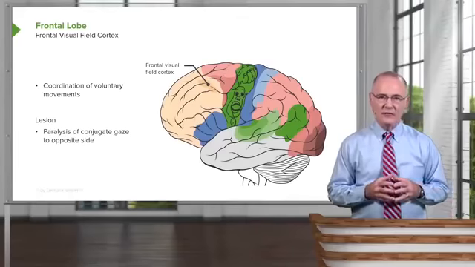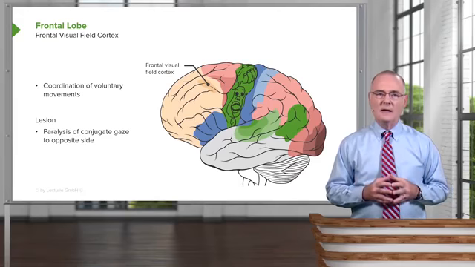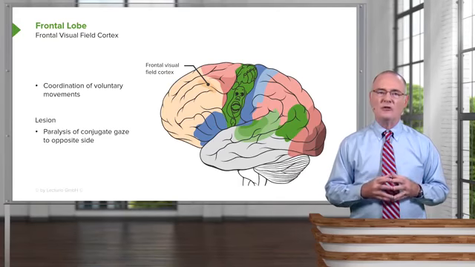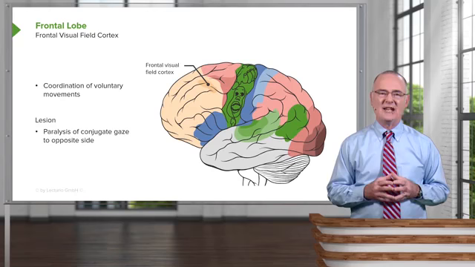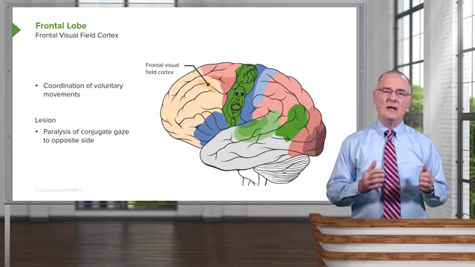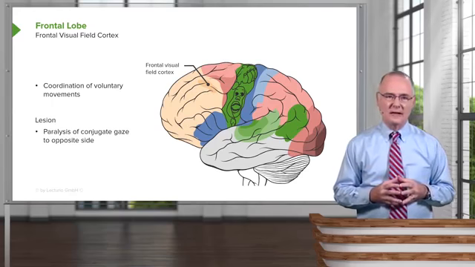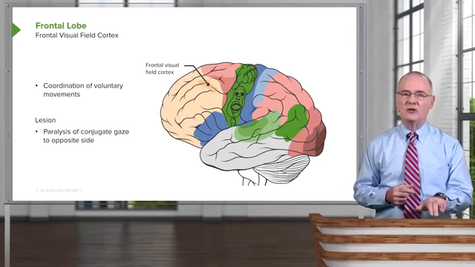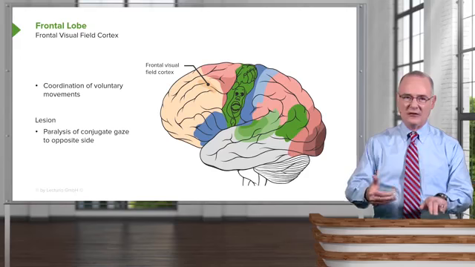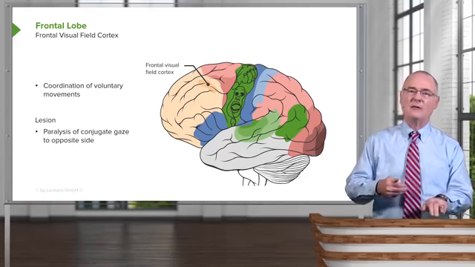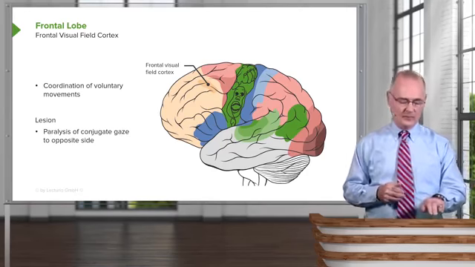A lesion of this small area will result in paralysis of conjugate gaze to the opposite side. And this is discussed in another presentation, what conjugate gaze is and how that circuitry works.